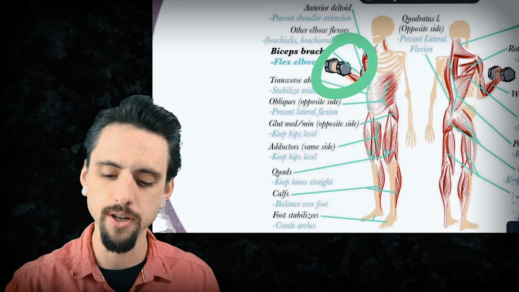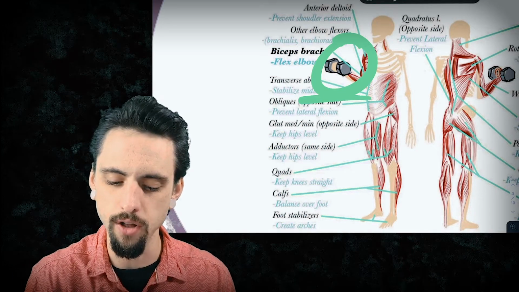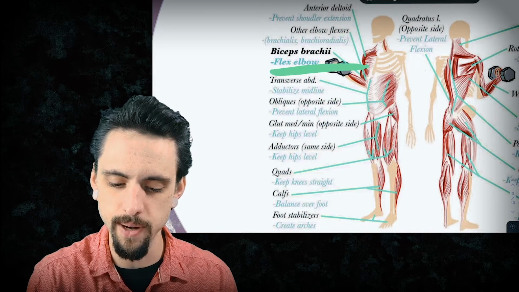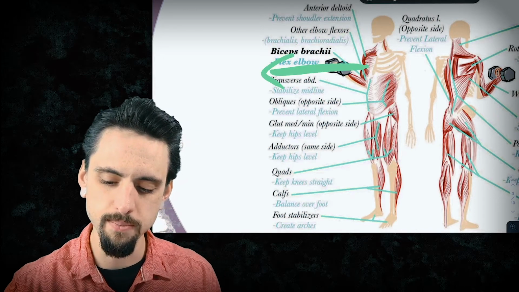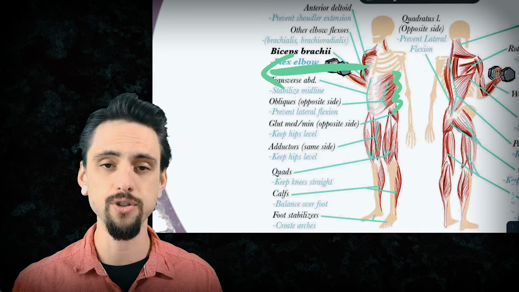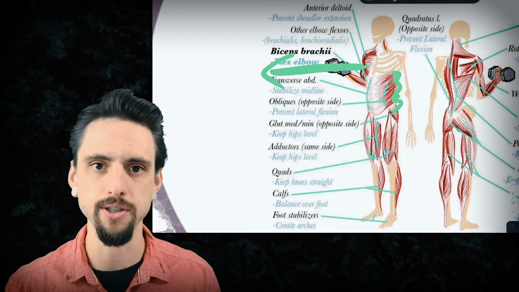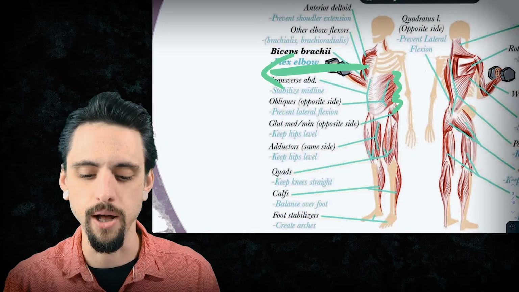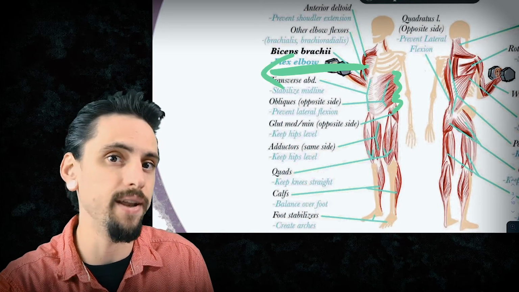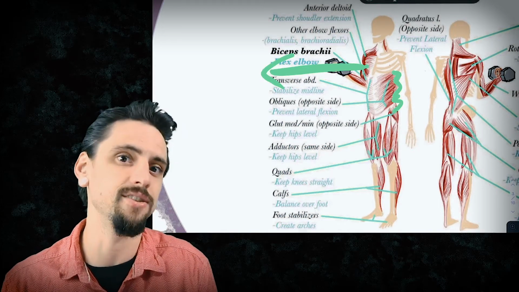Well, in order to not literally fall in this direction, these muscles over here have to contract in order to make it so you don't lean in that direction. So already we see that, in order to just hold the weight in one hand, the other side of your body has to work.